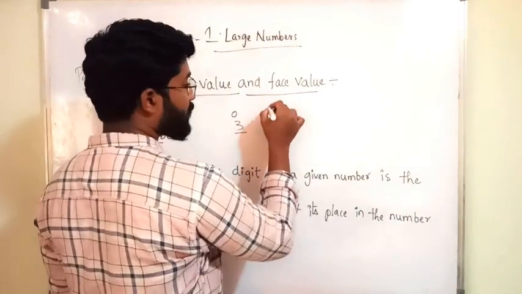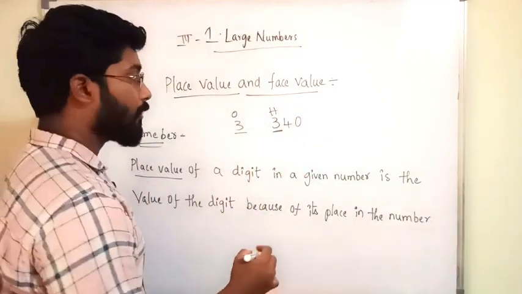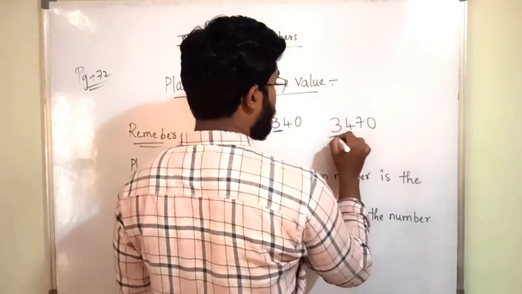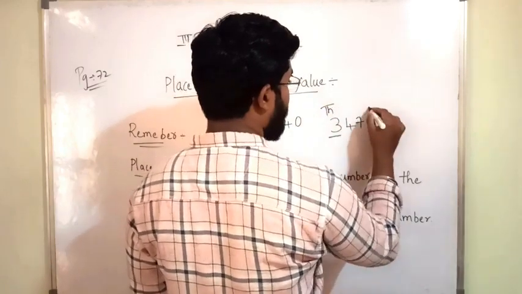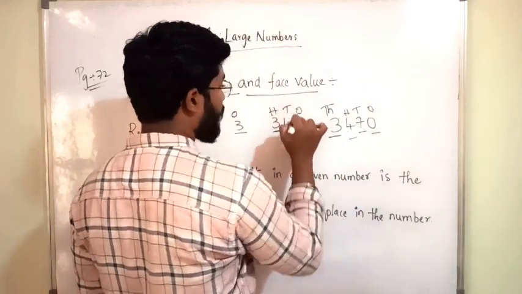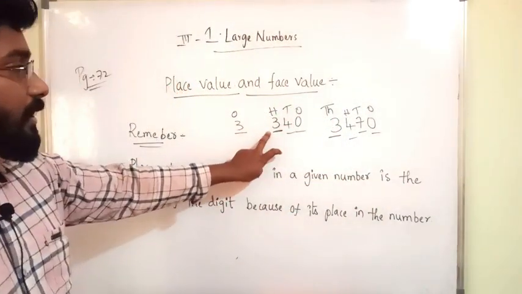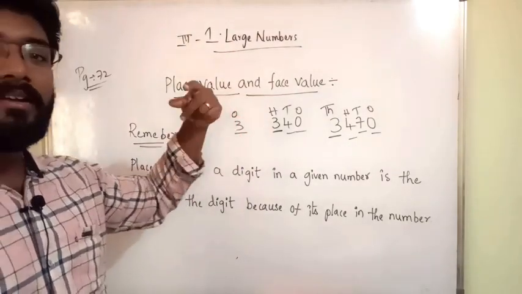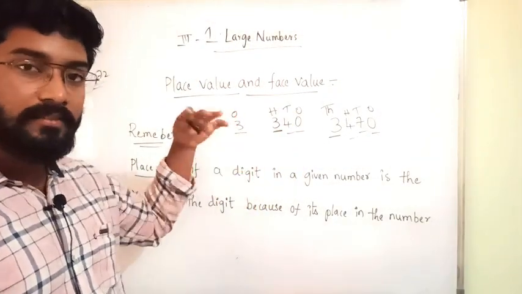Here 3 is in hundreds place. Okay. So 3470. Here 3 is in thousands place. Okay. Ones, tens, hundreds, thousands. So the same number 3 is having different place values because of its different places.